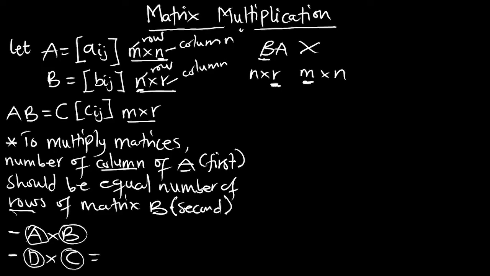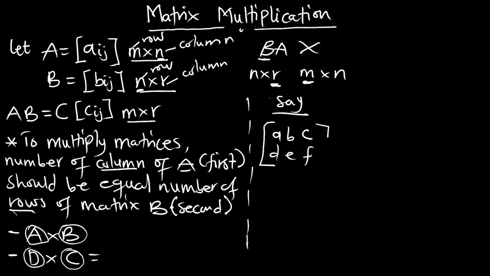This is very interesting and very easy to identify. So let's move further and see something. Let's say we have these two matrices, A, B, C, D, E, F, multiplying another matrix, alpha, beta, and a certain V. Is the multiplication possible? Let's check the order.